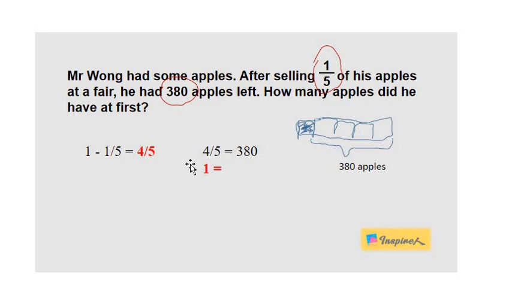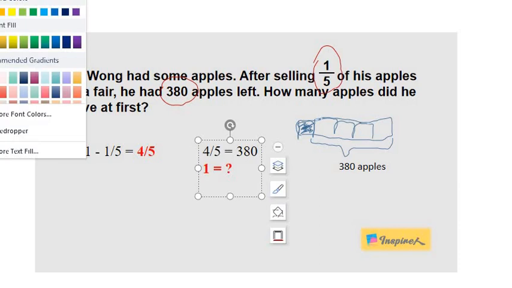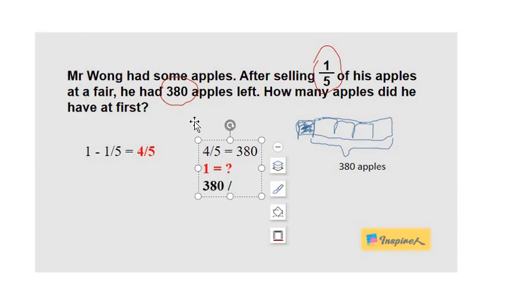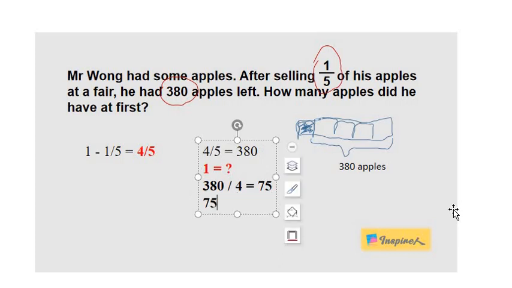So we will need to take 380 divided by 4, because 4 units, 1, 2, 3, 4, and then we will get 75, and then 75 we have to times how many units? 5, because there are 5 units, 1, 2, 3, 4, 5 in total, and that should give us 75 times 5 should give us 375.